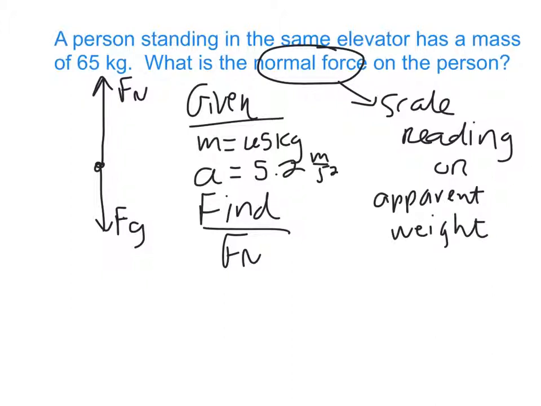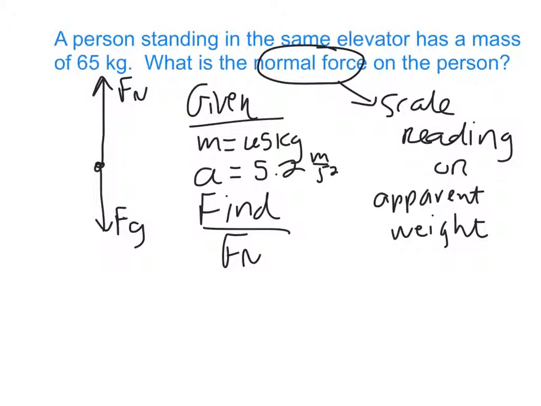So you'll see problems where a person's standing on a scale and they see this weight. That's their normal force, because that's telling you how much the ground is pushing up on you while you're standing on that scale. The reason I say apparent weight is because your normal force can change.